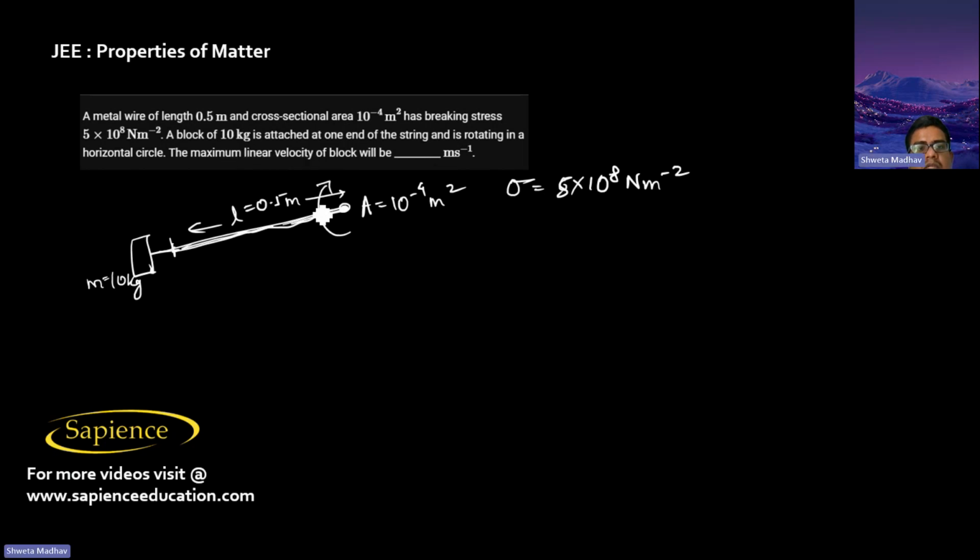The maximum linear velocity of the block will be. So the V max will be how much?